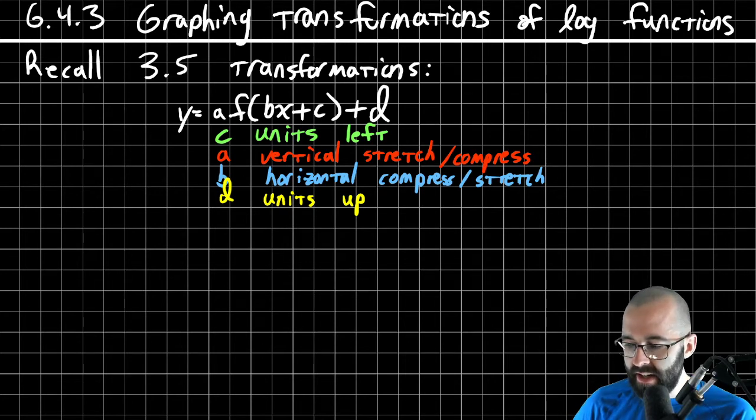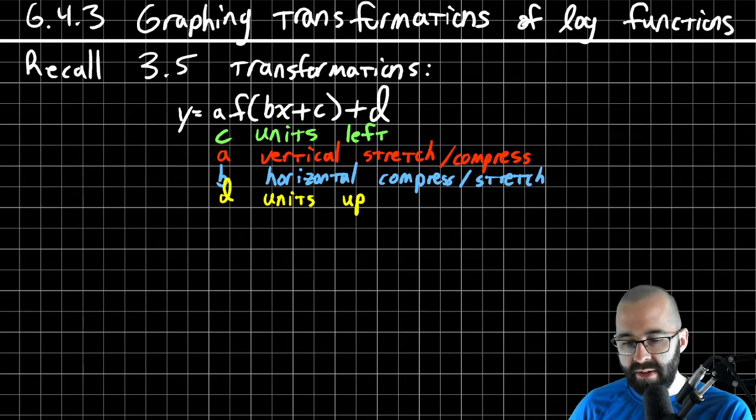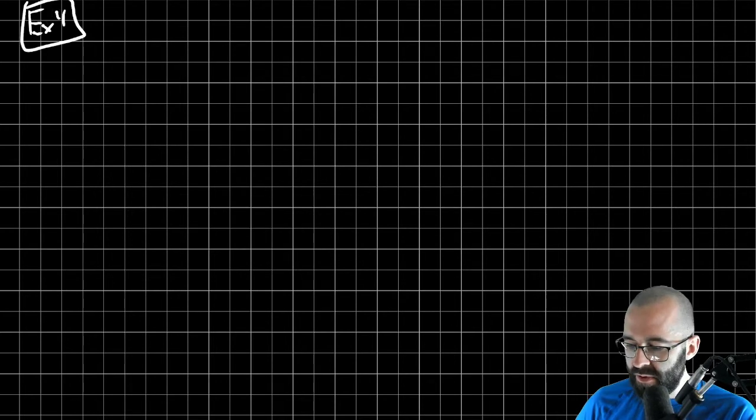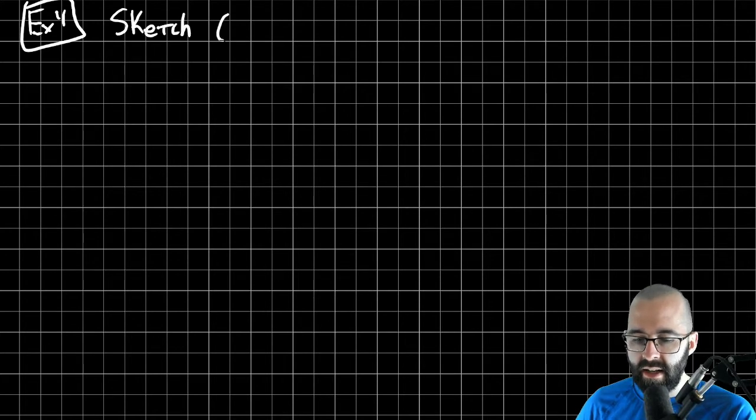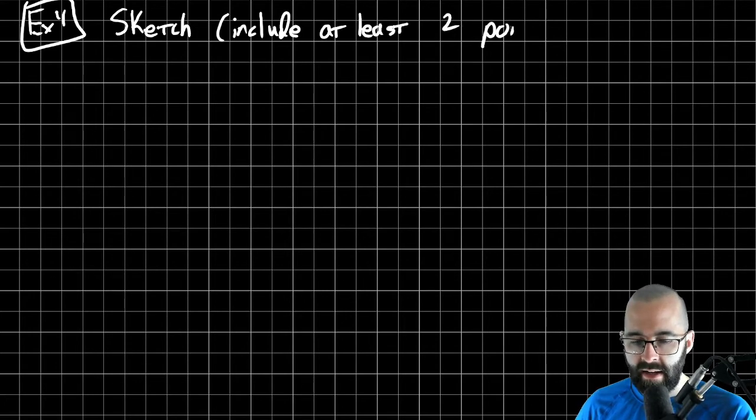So let us get into it with example 4. Example 4 says sketch, and again, include at least 2 points and the asymptote, just like before.